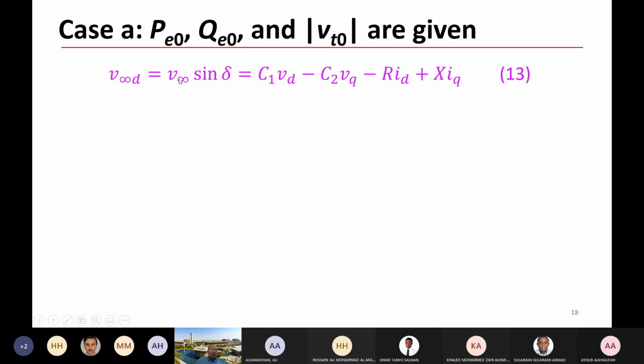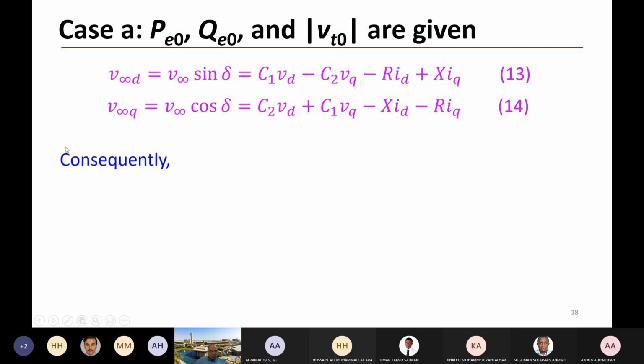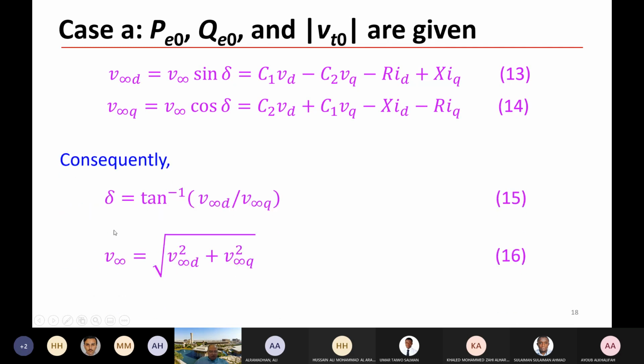So V infinity sine delta is known, and V infinity cosine delta also is known. So you can divide these two equations to get tan delta equal to this over this. Then you can get delta, and substitute in one of the equations to get V infinity.